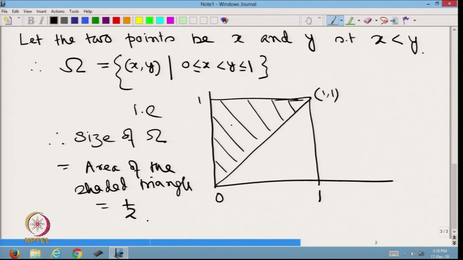Therefore, we will look at the favorable set of points. Suppose this is this triangle or this shape, then we will compute its area, which will be divided by half, and that is going to give us the probability of the event. Now, we need to obtain the exact size of that area.